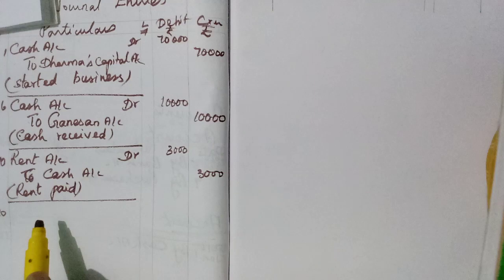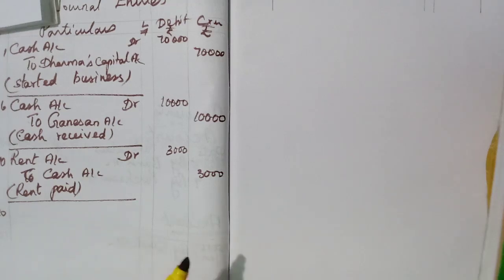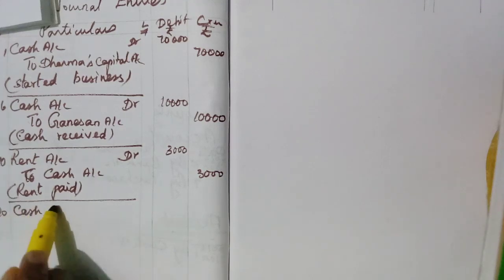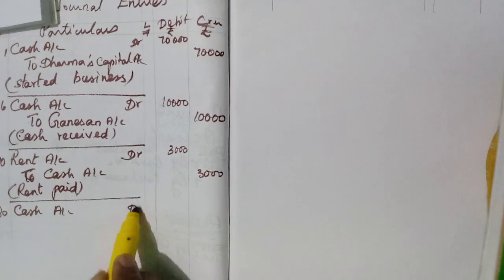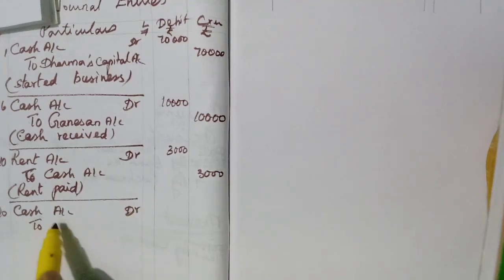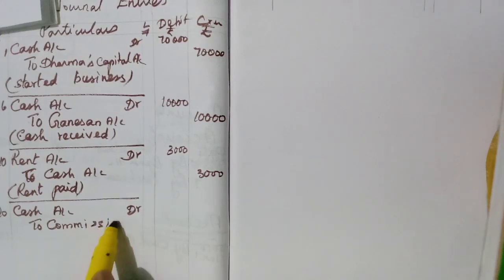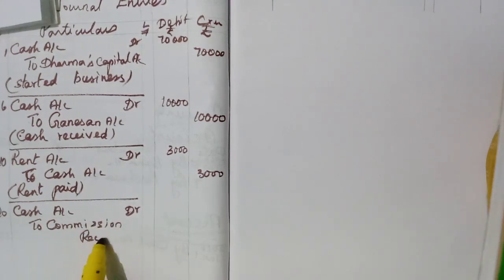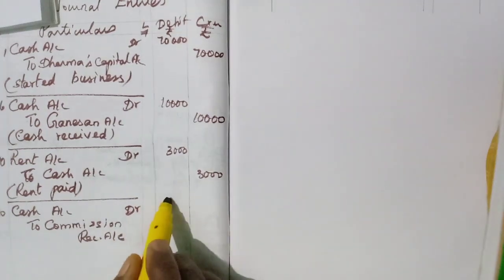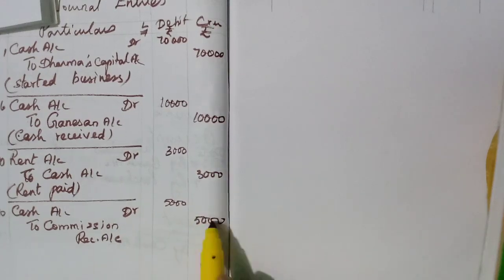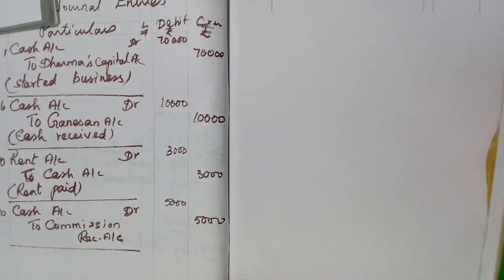We cannot credit two things, isn't it? So Anand you don't think about. Cash is coming inside. So what should be debited? Cash. Cash account debtor to commission received. Simply commission if you write also no problem. Commission received account. Okay, 5,000. Draw a line. That's all.